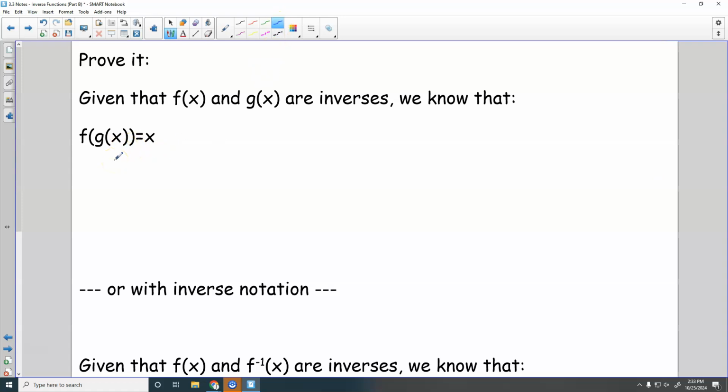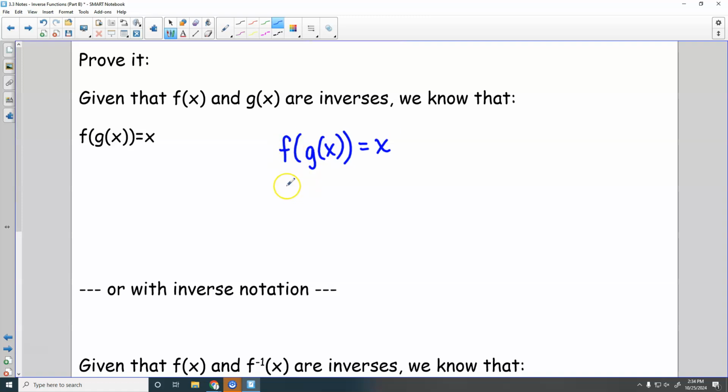I know f of g of x equals x. So here's what I want to do. F of g of x. I want to take the derivative of both sides of this equation. So if I take the derivative of f of g of x, I have to use the chain rule.